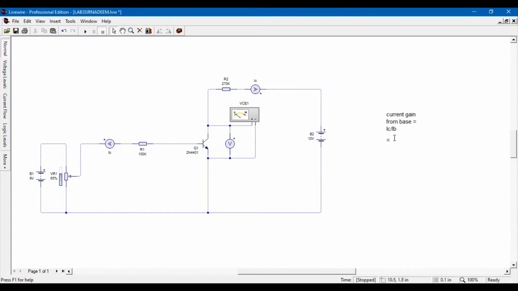So 36.96 microampere divided by 51.54 microampere is equal to 0.717.